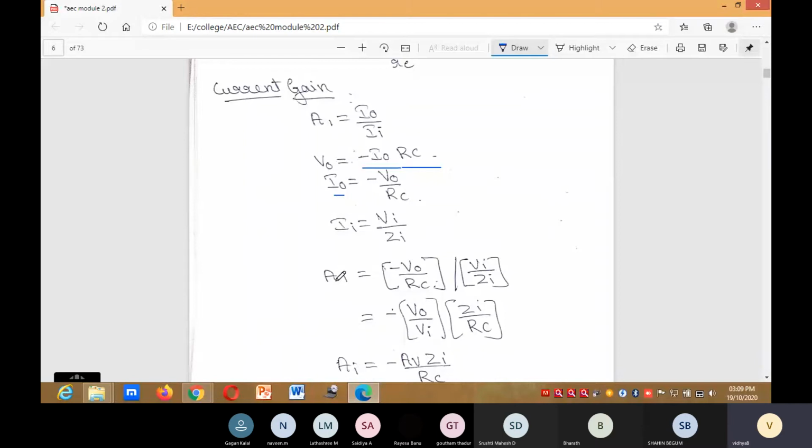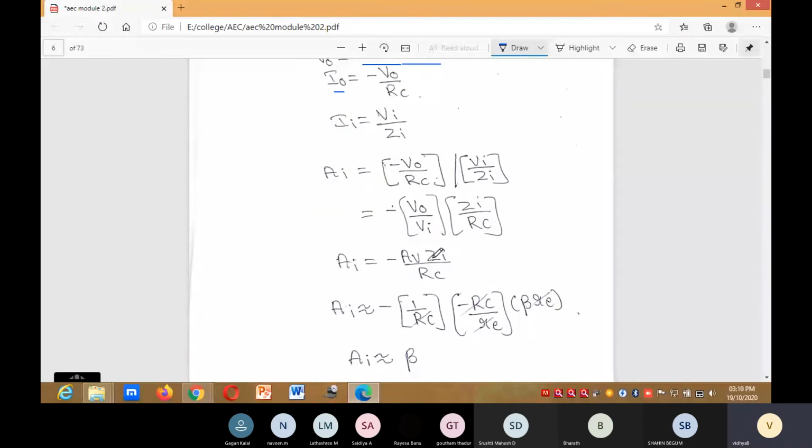We know the value of Io is minus Vo divided by Rc, and the Ii value is Vi divided by Zi. So this gives minus Vo divided by Vi, and Zi divided by Rc.